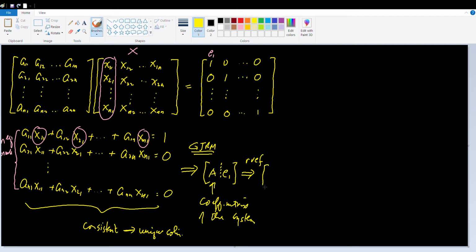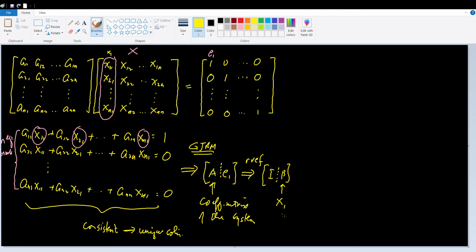So this will transform into a matrix where the first n columns are I, and then the last column will be B. And B is none other than the solution to the unknowns X11 up to Xn1. And let us call that X sub 1, the entries along the first column of matrix X.